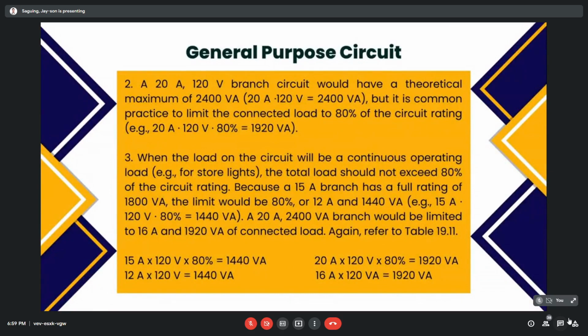Number 3, when the load on the circuit will be a continuous operating load, such as store lights, the total load should not exceed 80% of the circuit rating. For example, we have here a 15 amps branch that has a full rating of 1800 volt amps. So the limit would be 80%, or 12 amps and 1440 volt amps.